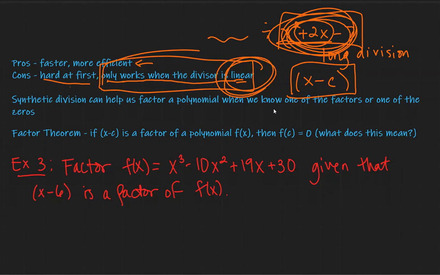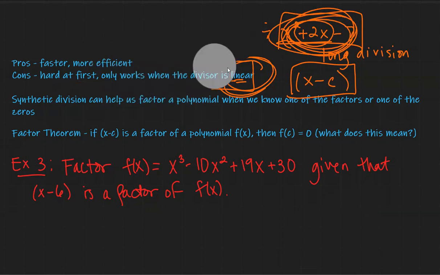Because when we factored quadratics, we had the product of linear terms like x plus 7, x minus 2, and that's our goal, to make it look like that. So with synthetic division, since we're dividing by stuff that looks like each of these, we're working towards that goal.